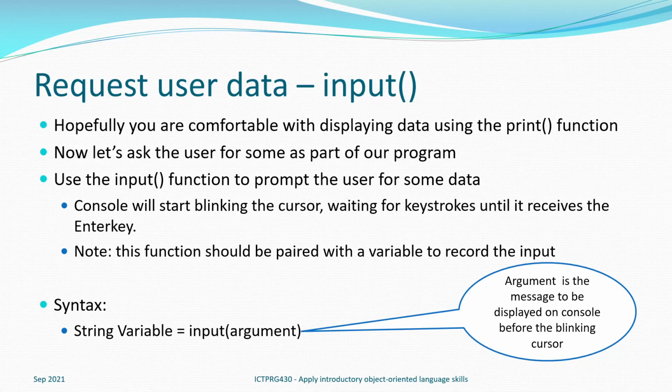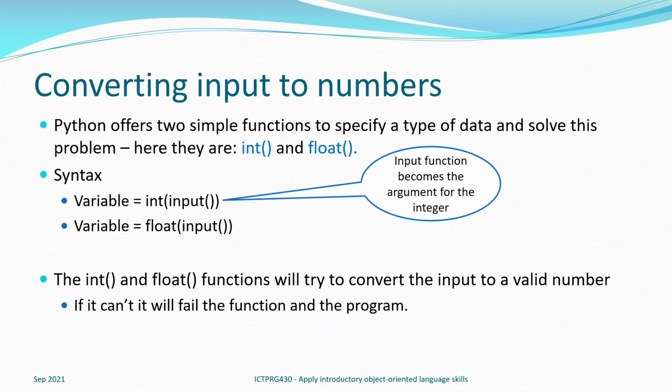So there's no need to have a separate print function asking the question and then waiting for the variable. You can just put the input statement in there and put your message in as the argument. That is going to be displayed as the question. It doesn't go into the container as the result. Only what comes in from the keyboard is recorded as the result.